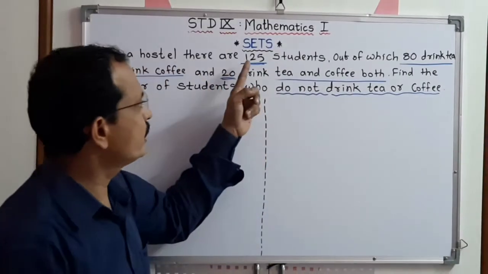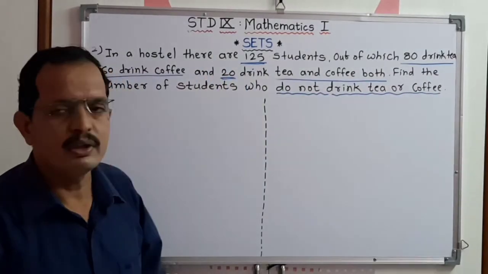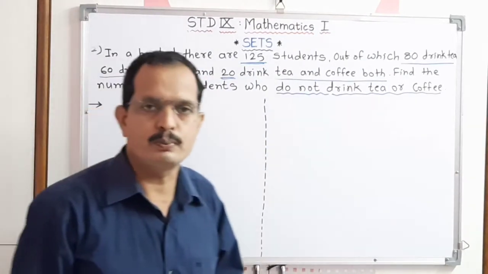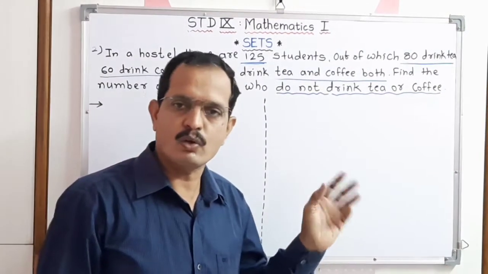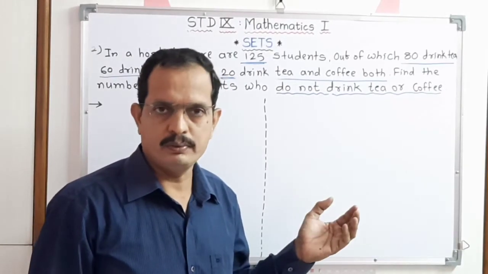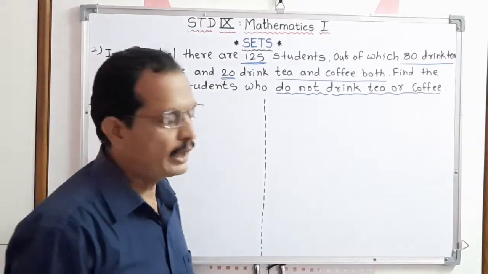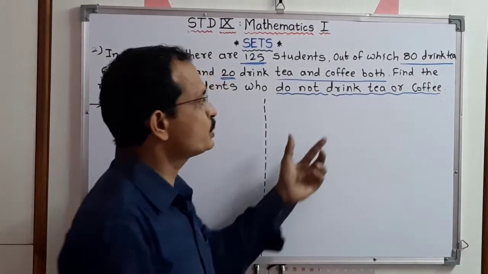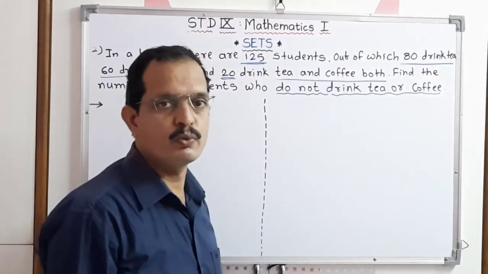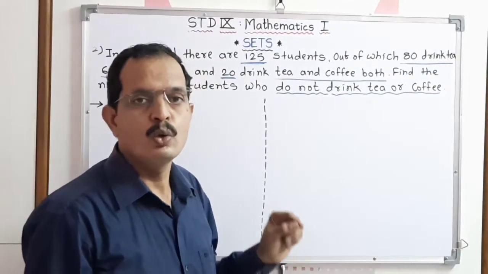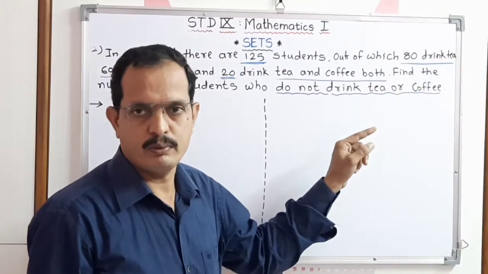Total 125 students are there. Those 125 students are divided into two parts. That means the students who drink tea or coffee, or tea and coffee, and the students who do not drink anything, that means tea or coffee. That means if we have to find the number of students who do not drink tea or coffee, first of all we have to find the number of students who drink tea or coffee, or tea and coffee both.